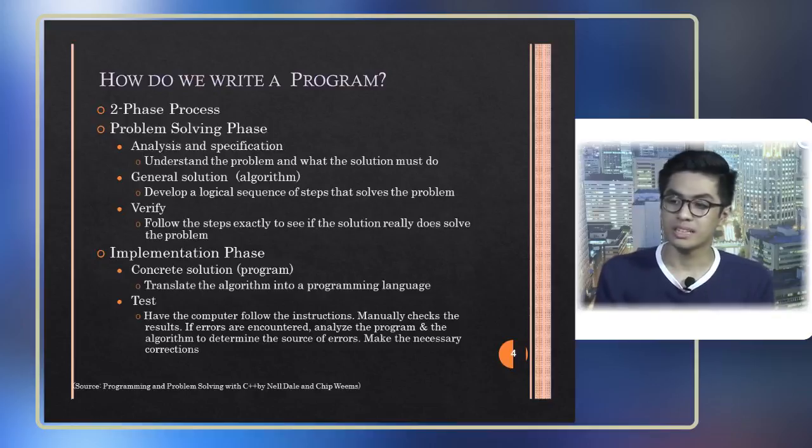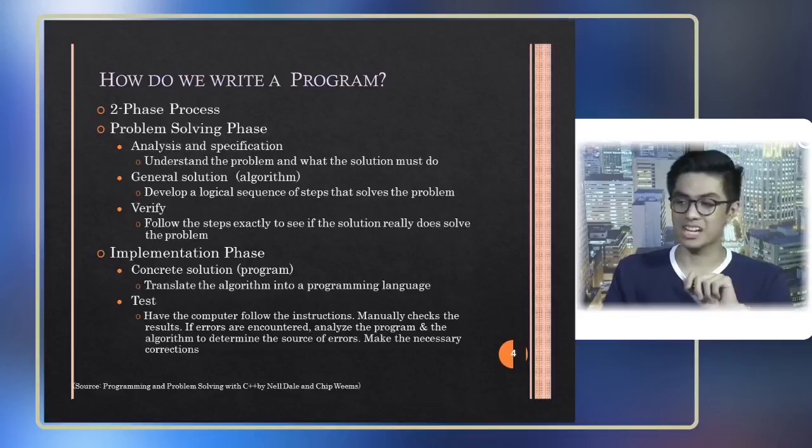The next stage is the verification. We should follow the steps which we created in our algorithm and verify if it is really correct, if it really does solve the problem.